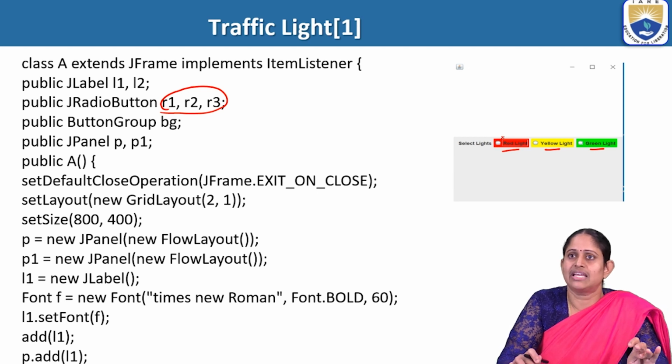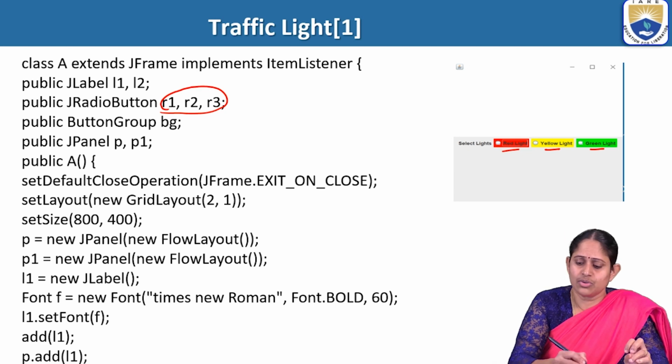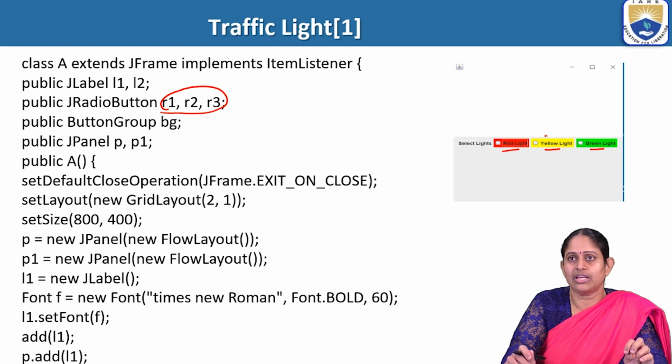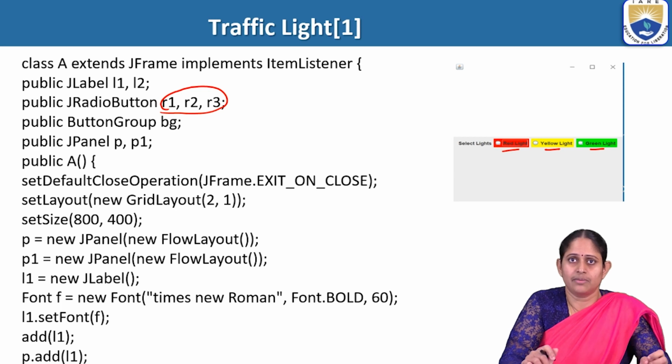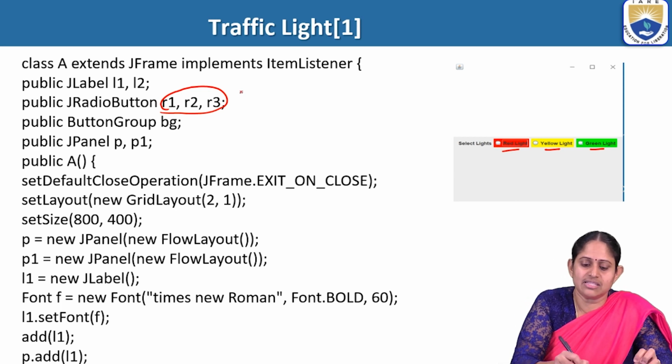Let's say we click on the red button, then you cannot highlight the yellow or the green button. Likewise, if you click on yellow, the red and green will be off. That is how radio buttons work. Once we create these 3 buttons, they should be added onto the button group to get that behavior.